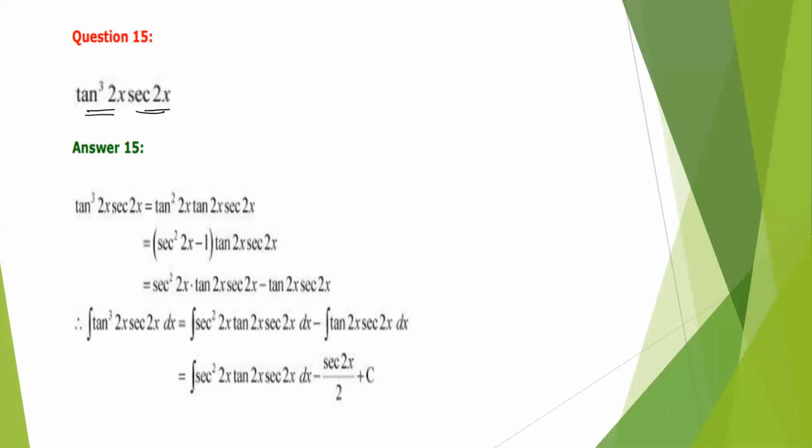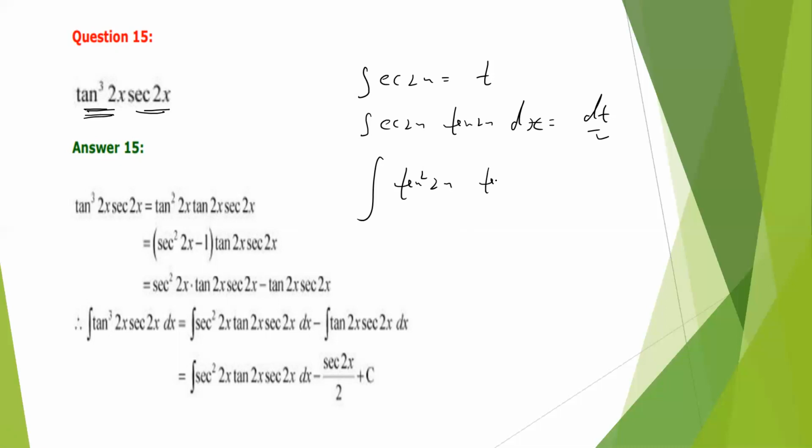So let us try another method. Let us take sec 2x equal to t. Derivative of sec 2x is sec 2x tan 2x into 2, equal to dt by 2. Now put the value. Split this tan cube. Tan cube can be written as tan square 2x, tan 2x sec 2x.